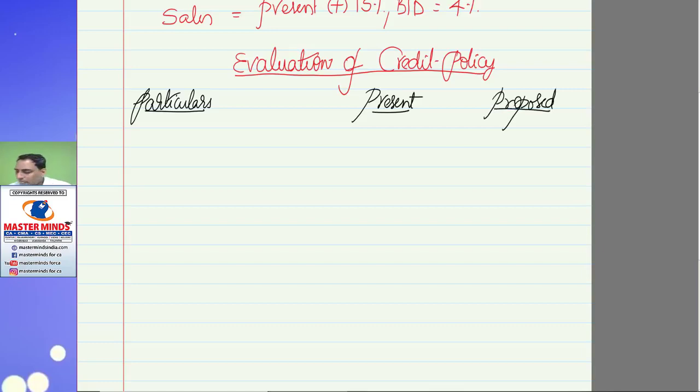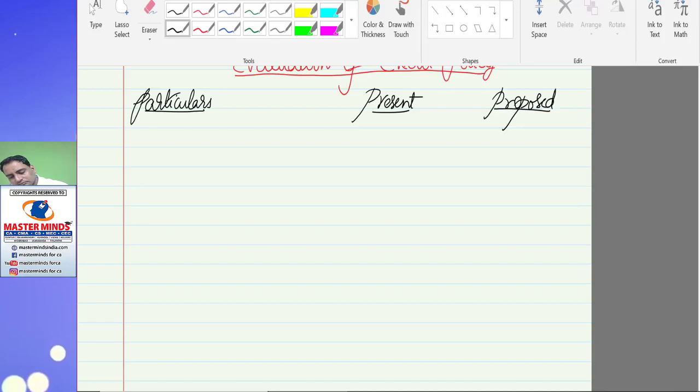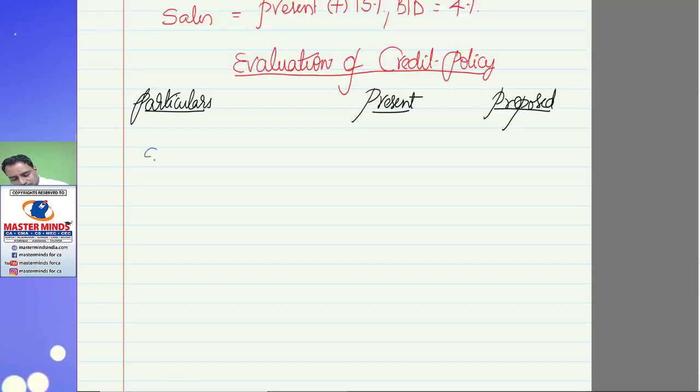Present, proposed. Sales: 15 lakhs plus 15%, 15 lakhs into 115%, 17 lakh 25,000.